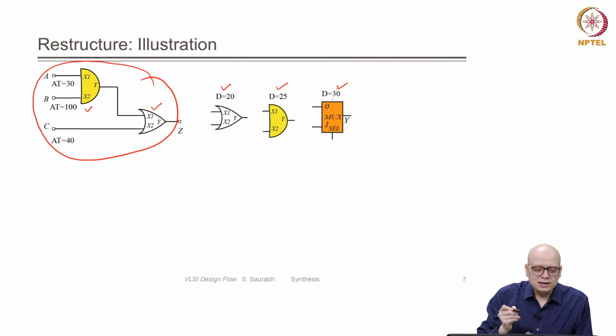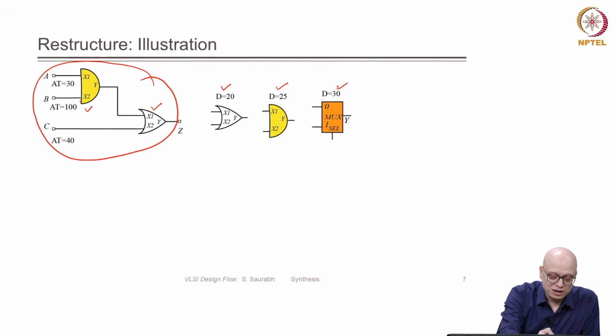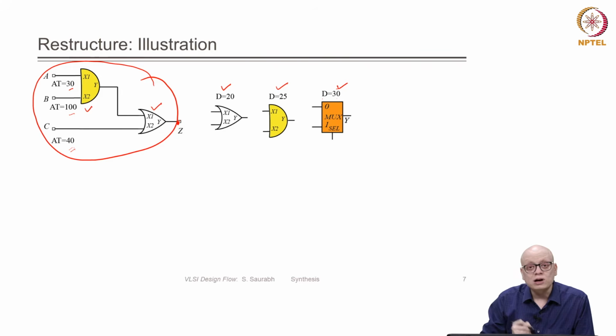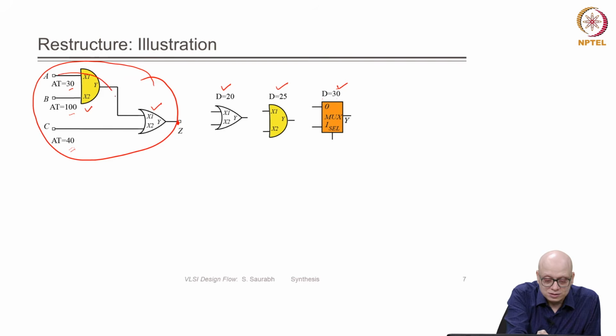Now, let us look into the arrival time profile. So, the arrival time at A is 30, the arrival time at B is 100 and the arrival time at C is 40. So, at the point Z, what is the worst or maximum arrival time? First, let us take this path, right. In this path, we have one AND gate, 25 plus 20, that is 45, plus 30, right. So, in this path the arrival time will be 75.